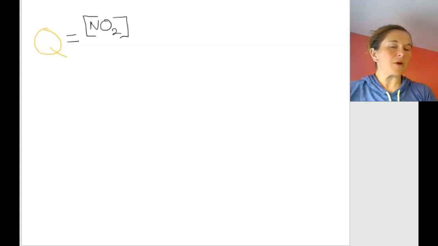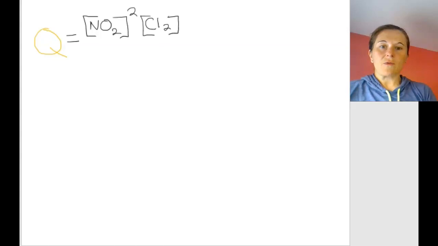All right, so we've got Q, and we're going to put our product on top, and we are going to write our expression first. So remember that expression does not have the numbers in it. We don't put the numbers in. We're just writing the relationship here.